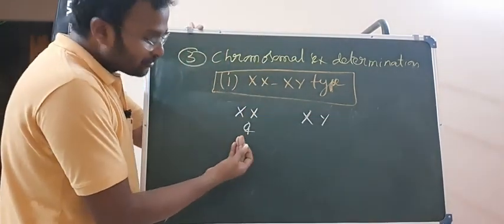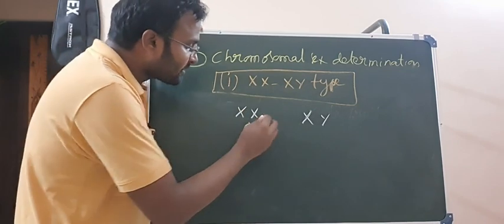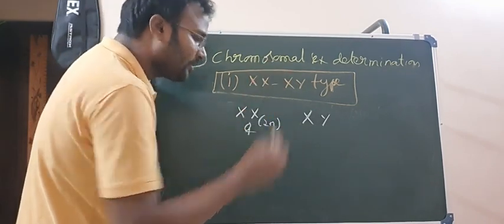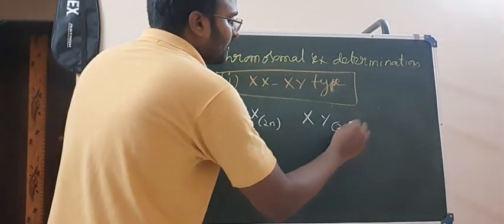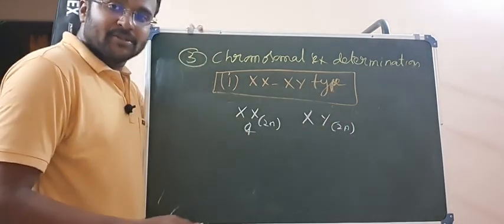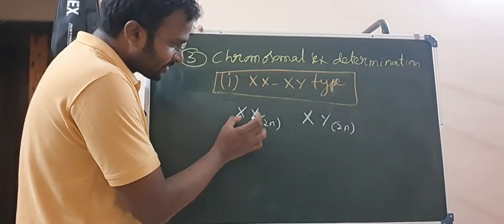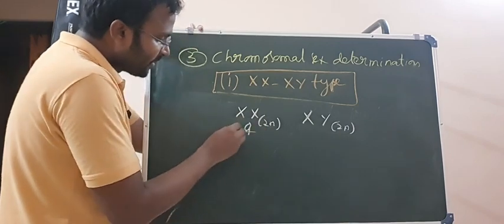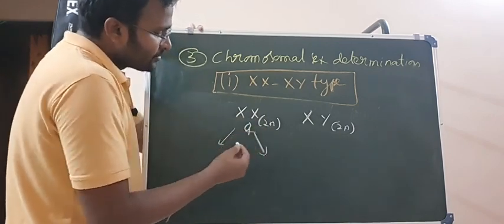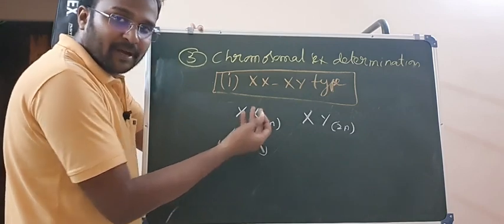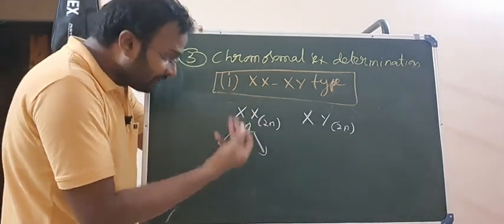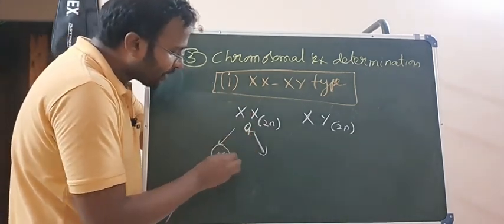When coming to the gametes, the organisms are usually 2n type, so diploid. If you consider only these sex chromosomes, when these chromosomes are passed to the gametes, they will turn into haploid.